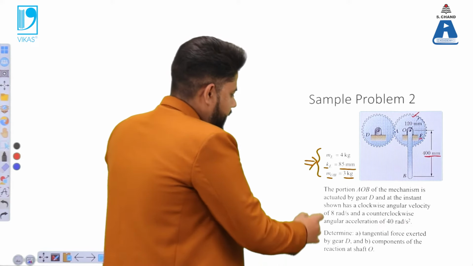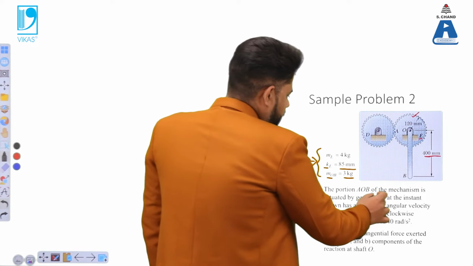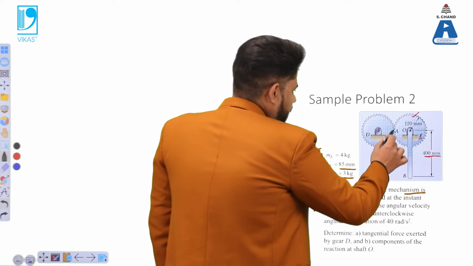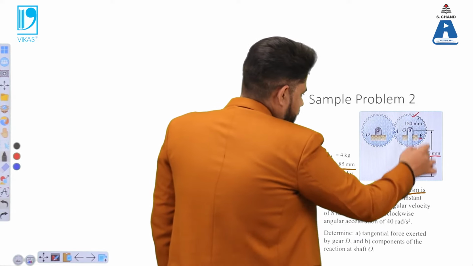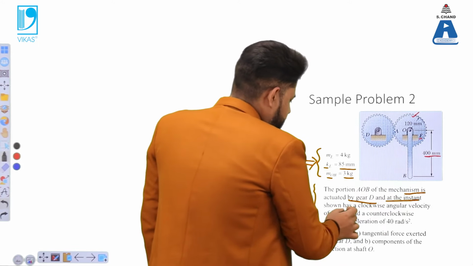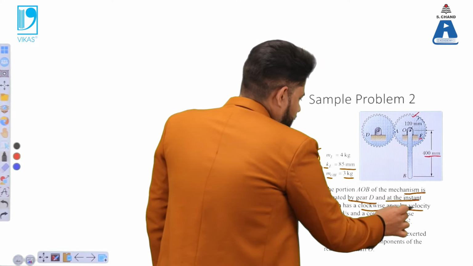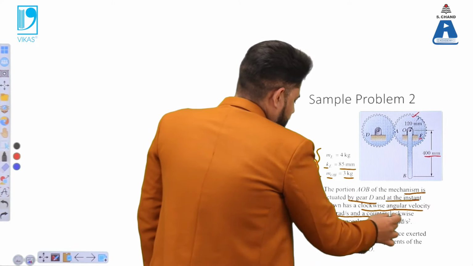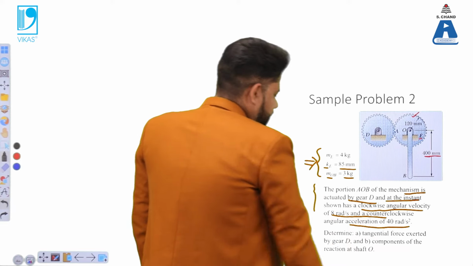You are given that the portion AOB of the mechanism is actuated by gear D. This mechanism AOB is actuated by this gear at an instant shown by a clockwise velocity of 8 radian per second, and the counterclockwise angular acceleration is mentioned.